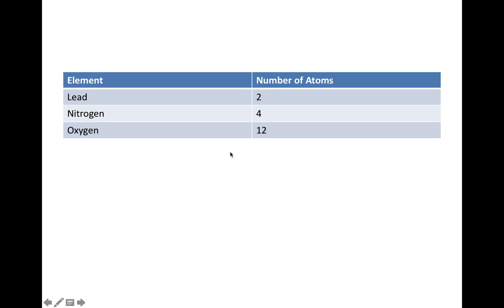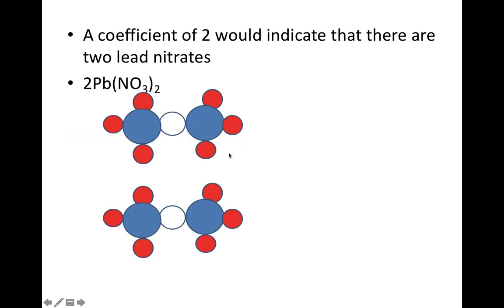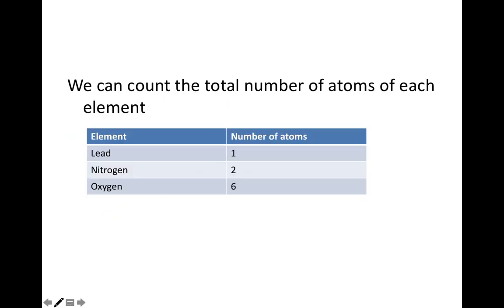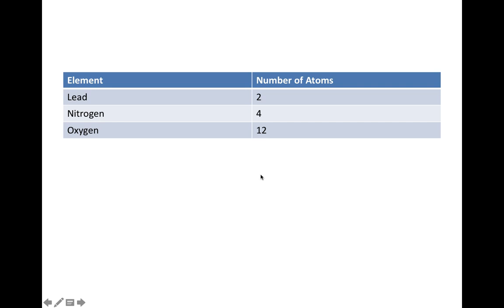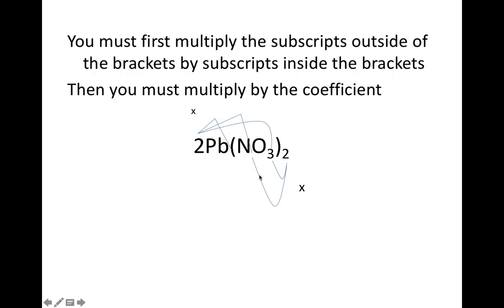So lead, there's 2, nitrogen, there's 4, oxygen, there's 12. And the way we find that is by just multiplying everything in the original table by 2. Which is what is shown here.